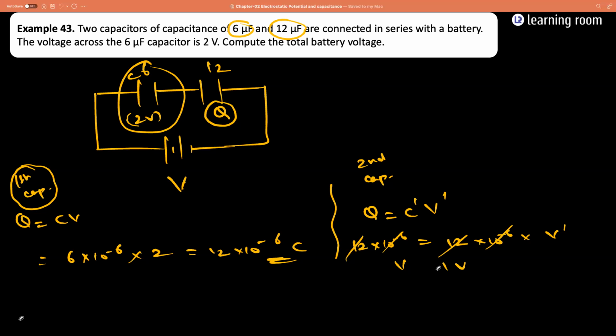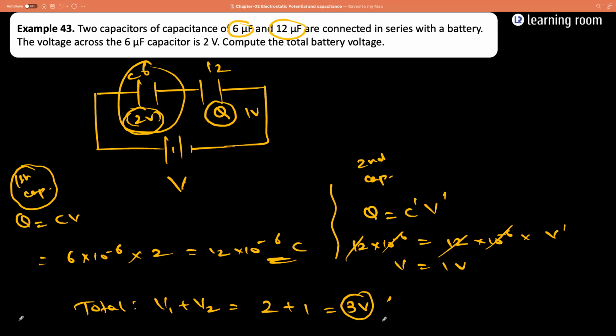So what is going to be the total potential difference? 3 volt. Here it is already 2 volt plus here it is 1 volt. So 2 plus 1 is going to give you 3 volt. So the total potential difference applied by the battery is 3 volt. Clear?